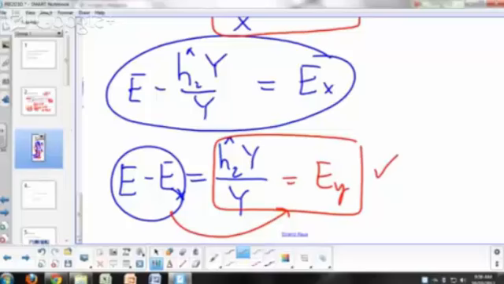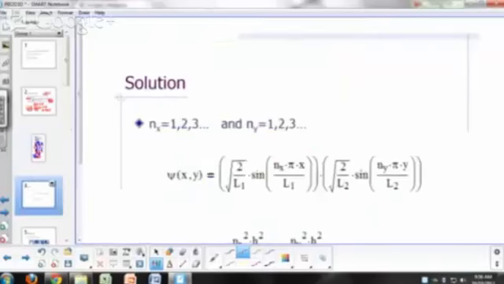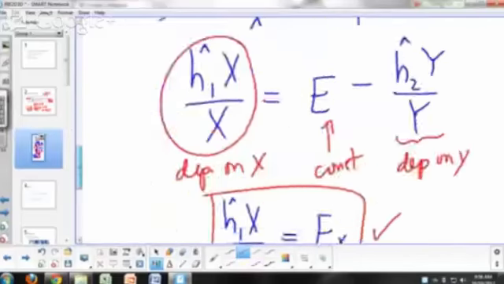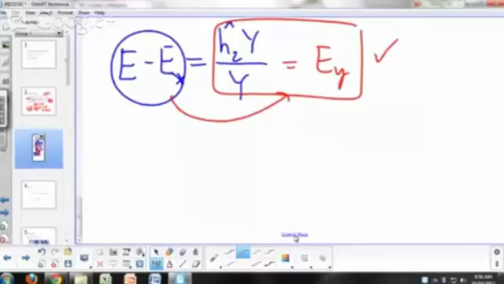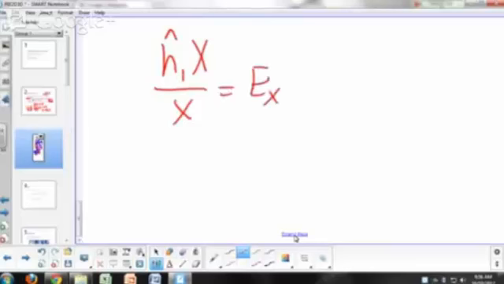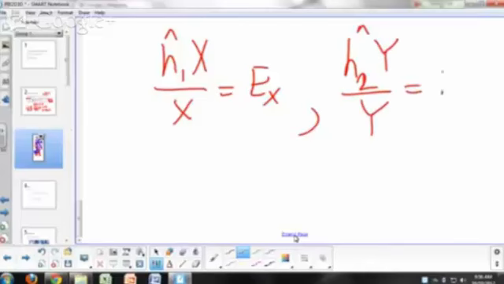To summarize, what did we have? So to summarize, what we ended up with was two problems. This problem right here, h1 hat x over x equals e sub x, and h2 hat y over y equals e sub y.